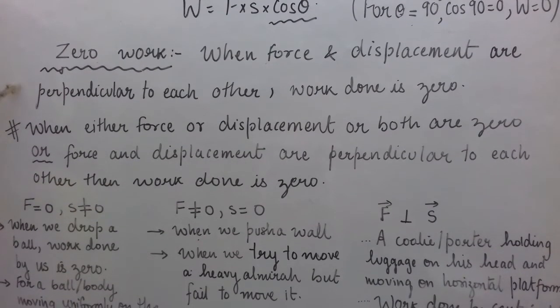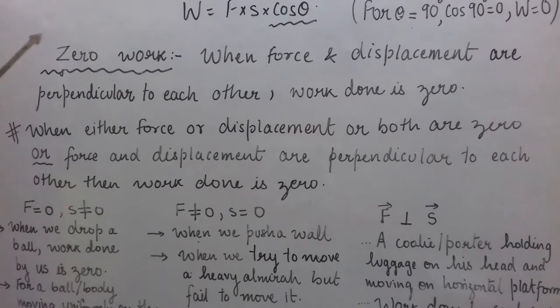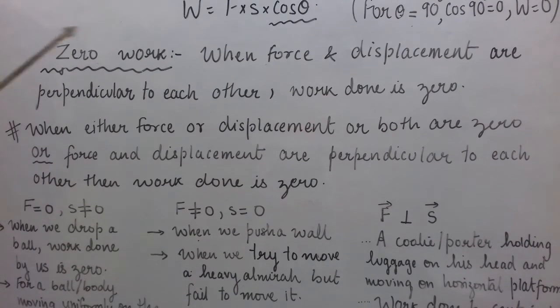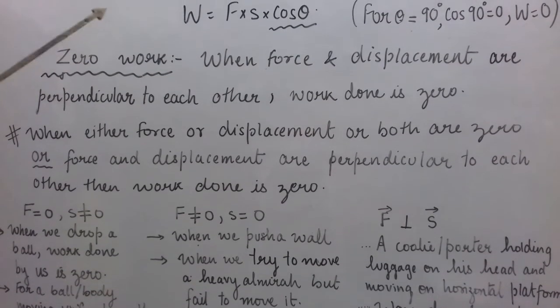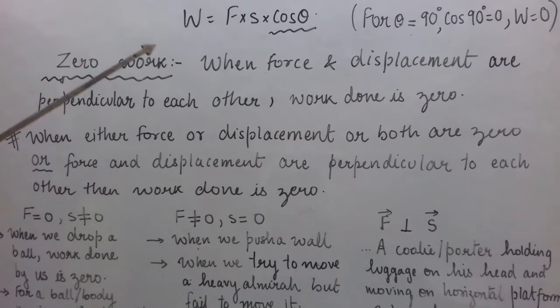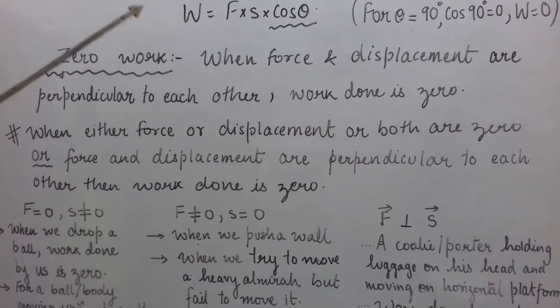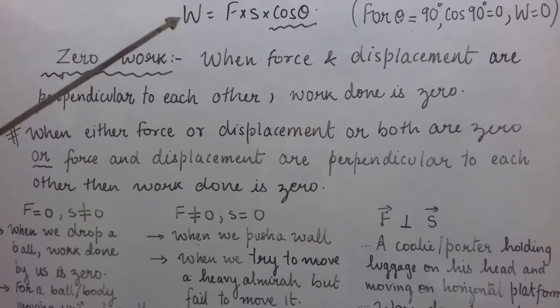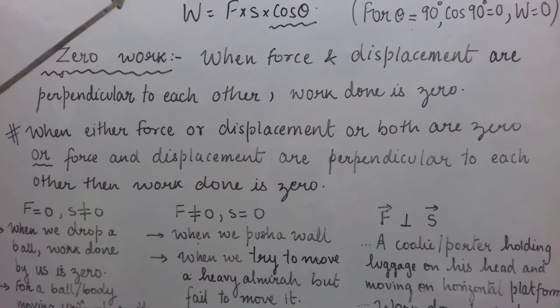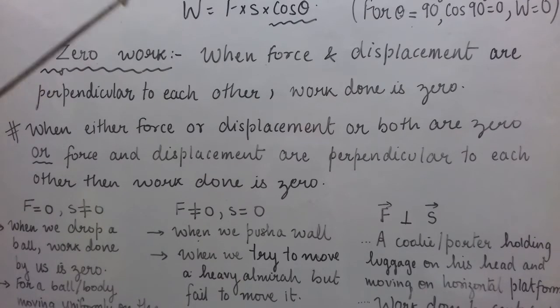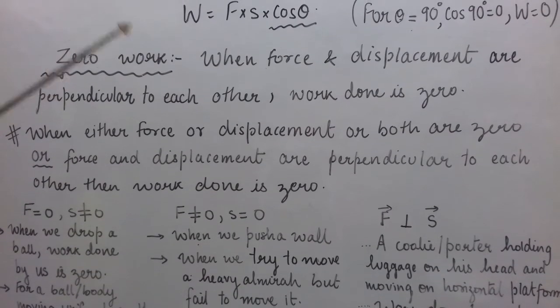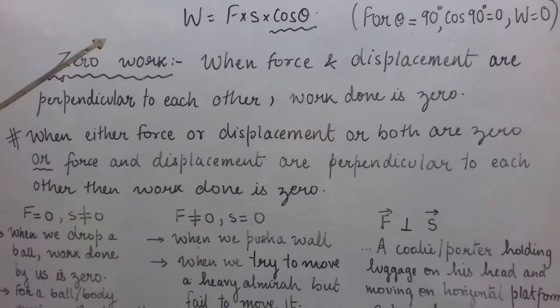But still students, those who want to give the perfect answer, if you have a look at the equation, W is F into S into cos theta. If any of these three is 0, or both or all are 0, then work done will be 0.